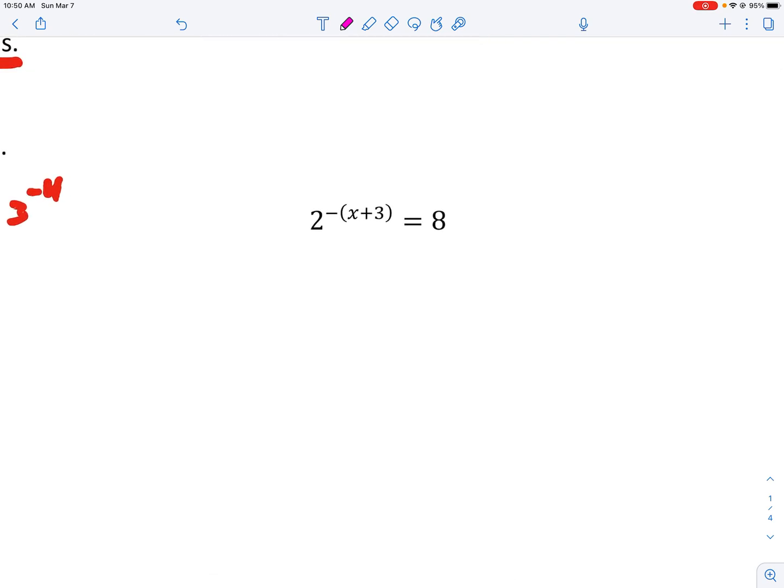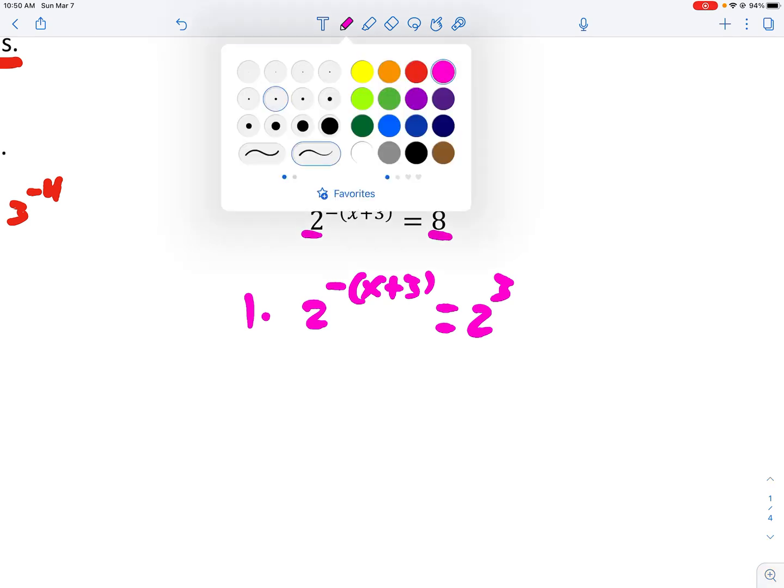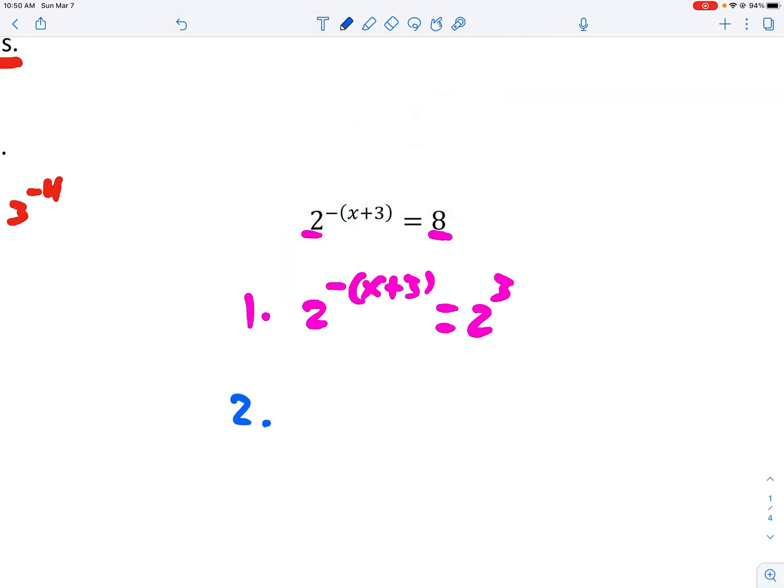So we have base 2 and we have base 8. So the first step is to rewrite the bases. So 2 to the negative x plus 3 equals, 8 is 2 cubed. So there you go. There's step 1. Step 2. All right, drop the bases. So we have negative x plus 3 equals 3.